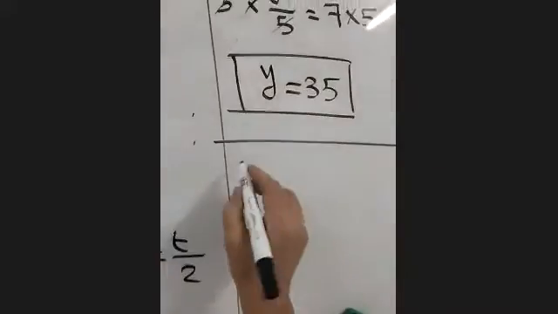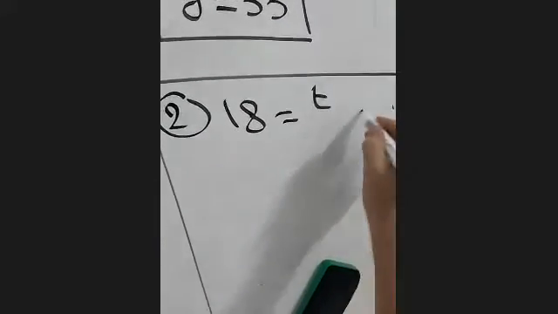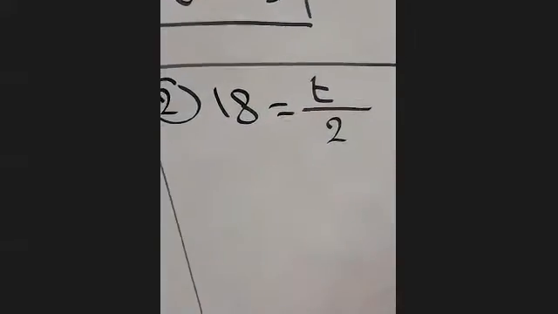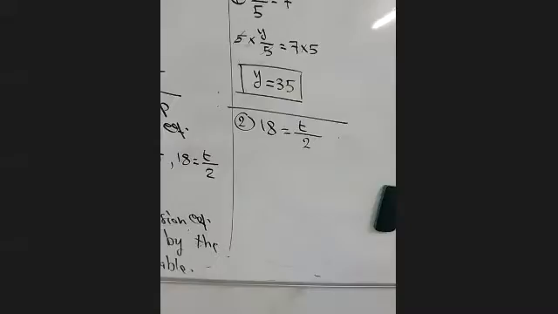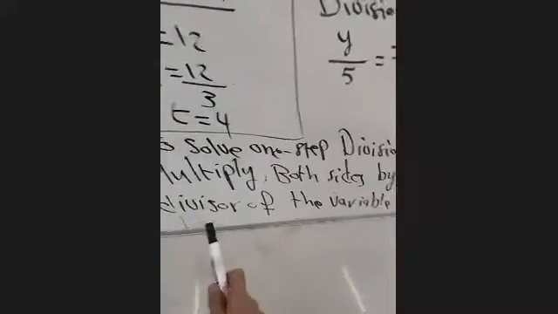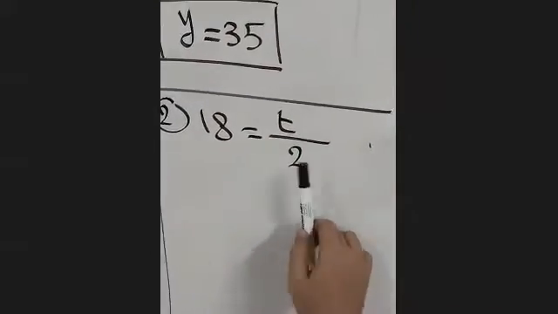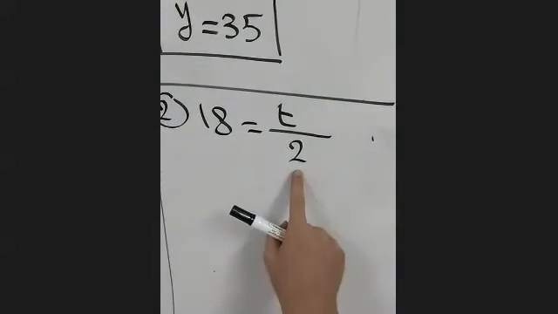Example 2, here we have 18 equals t divided by 2. This is a division equation. And here our note: to solve a one-step division equation, multiply both sides by the divisor of the variable. What's the divisor of the variable here? It is 2. So I'll multiply both sides by 2.